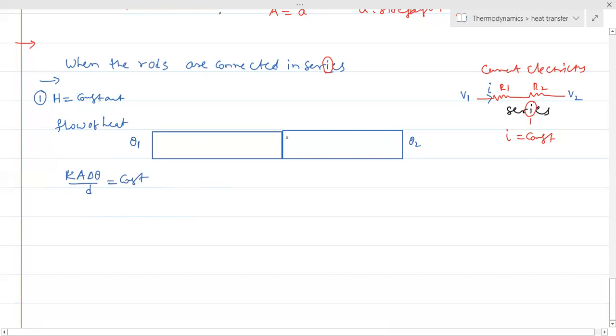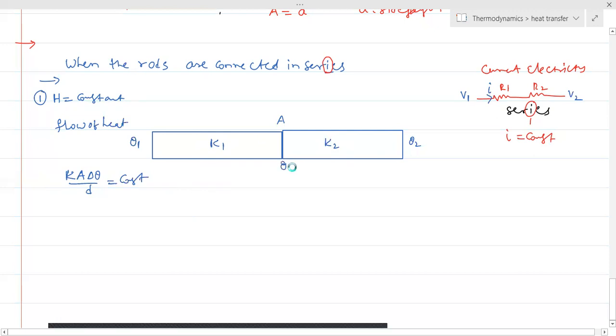Suppose I'm taking the area of cross section as the same, and this is made up of K1, and this is made up of another material K2. Let us say this is the junction, and the junction temperature is theta. This is the length D1 and this is the length D2. First, we will focus on analyzing the given scenario.